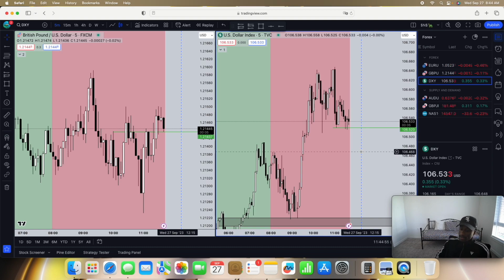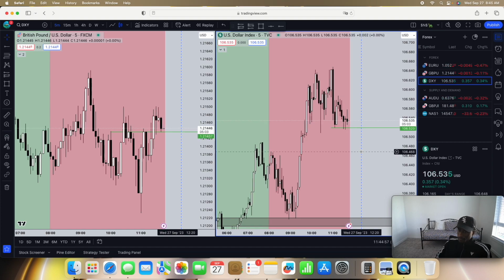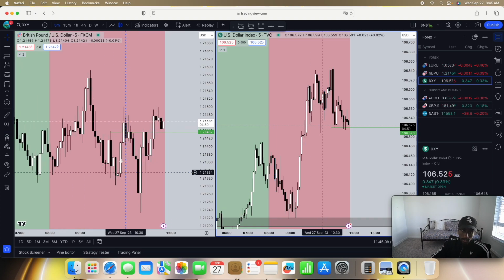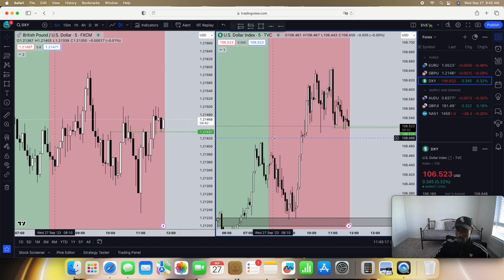So let's take today's trade, for example. I would have avoided a loss. I was watching GU. GU broke structure, swept liquidity right here, and got the breaker structure level or change of character right here. But when you look over here on my right screen, what is the DXY doing?